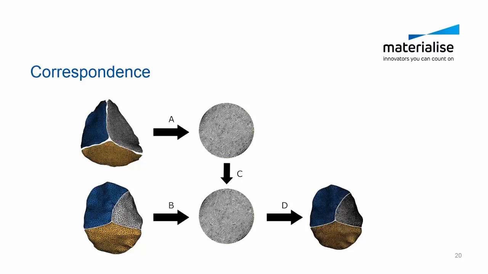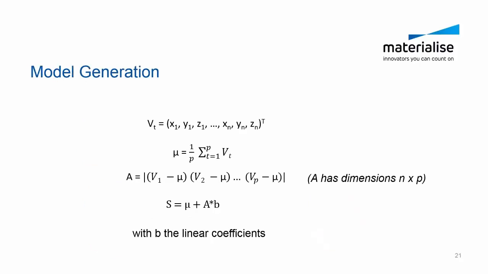And so by combining those into vectors, so the coordinates of the points, we can then calculate the average quite easily because they all have the same length. And we calculate also the difference matrix, so the difference from the average for each of the shapes. And we have then a description of a shape as a combination of the average shape and the difference matrix multiplied by the coefficient factor.